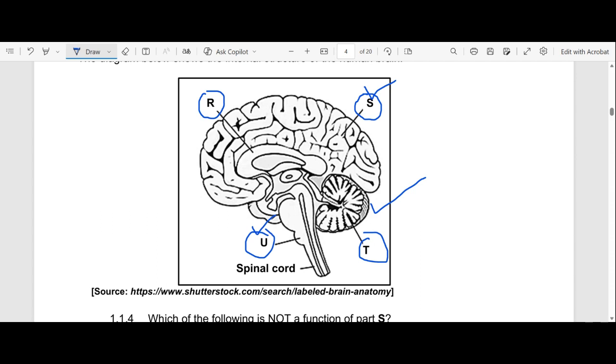They're automatic, whereas voluntary means that you can do them at will. You can run at will, you can walk at will. So those are voluntary movements. But involuntary, they happen by themselves. They're automatic, like your heartbeat, your breathing rate. So that happens by itself.